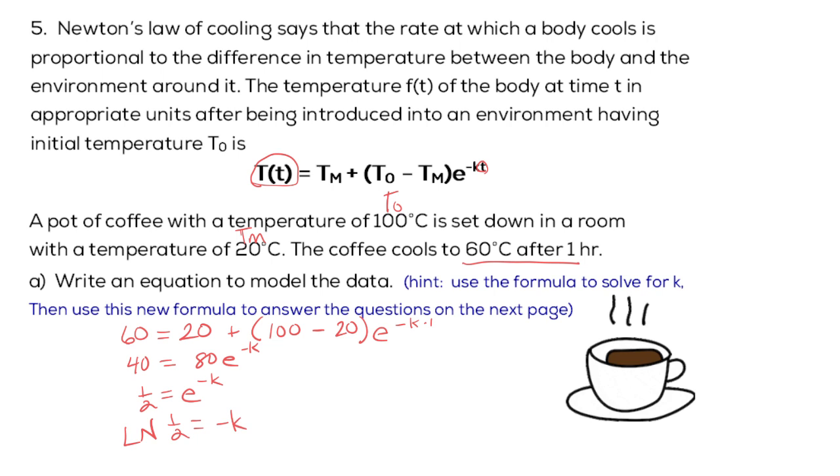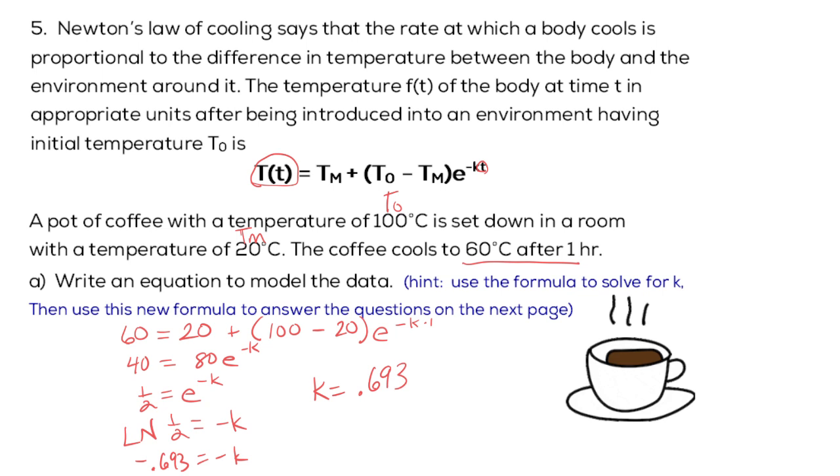On my calculator, I'm getting this to equal negative 0.693, but that equals negative k. So what I have figured out is that k itself is equal to 0.693.